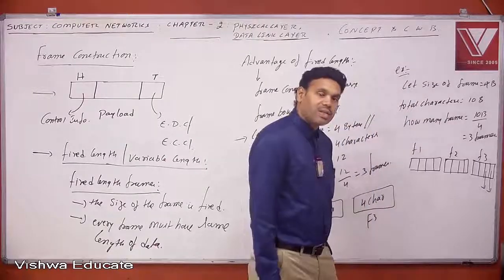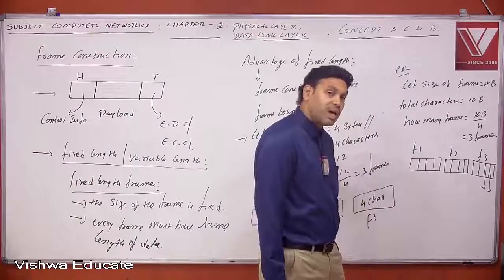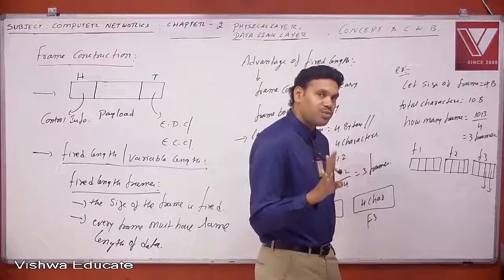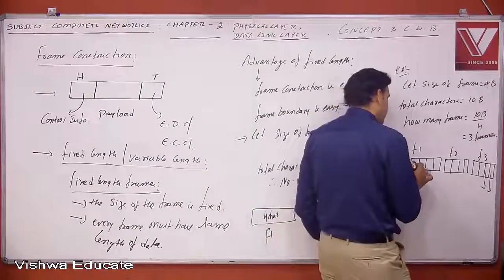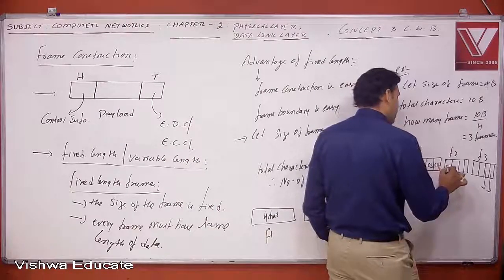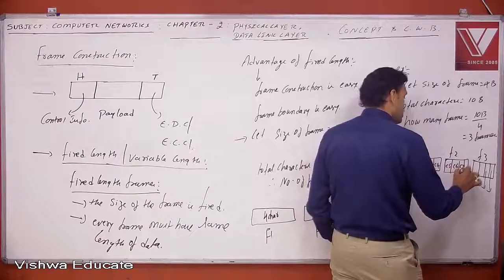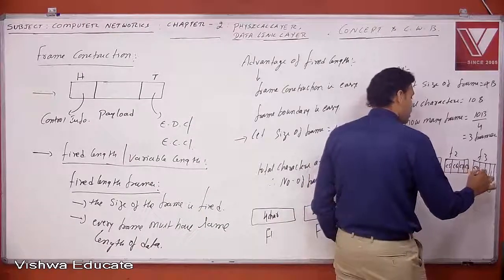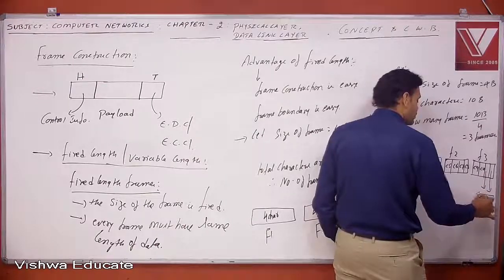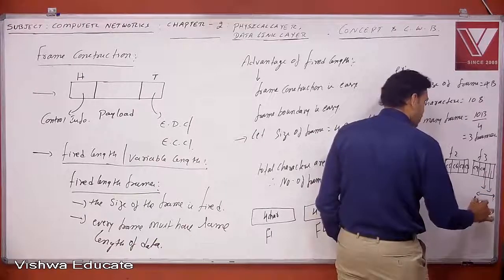These empty characters you are supposed to fill with artificial data, because you have to satisfy the frame length of 4. So these two are artificial characters.